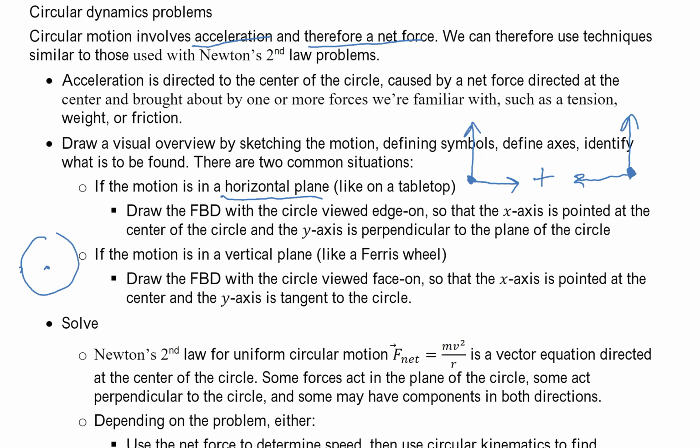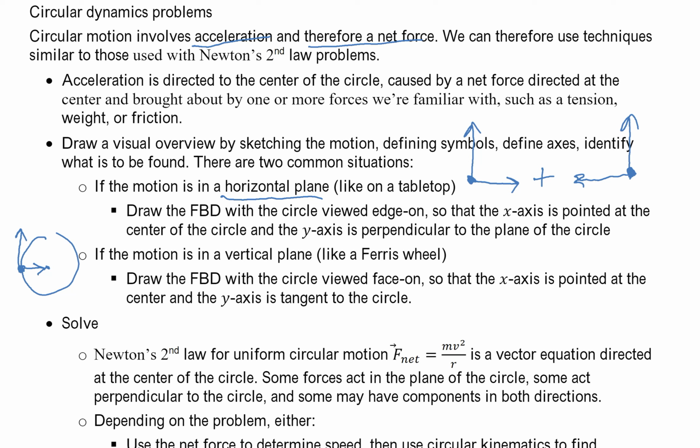Maybe the car of the Ferris wheel is right there. We're going to draw the x-axis pointed at the center and the y-axis tangent to the circle. There you go. So we're going to wind up with the x and y axes like we've always drawn them. All right, so that's the idea.